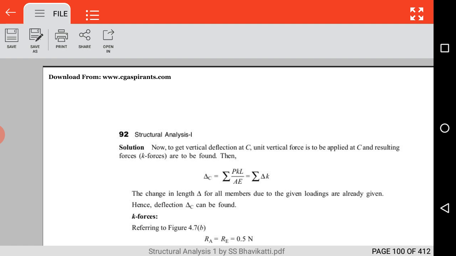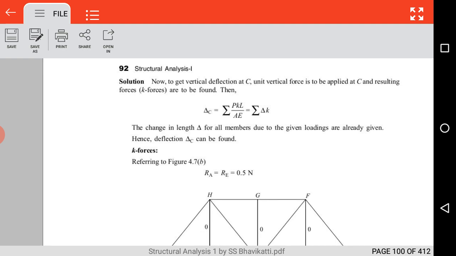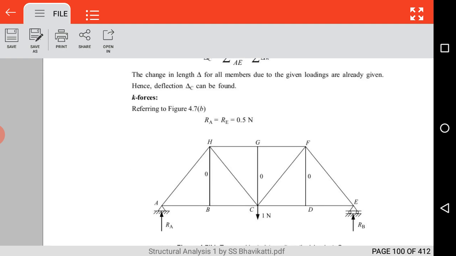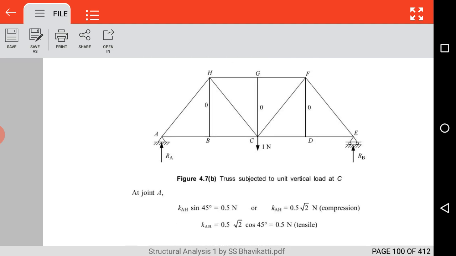So by applying the unit load at the joint C, we will calculate the member forces for the 1 kilonewton force. The reactions at the supports are 0.5 Newton, since the truss and the load are symmetrical. By using the method of joints, taking the equilibrium of each and every joint, we will calculate the member forces.